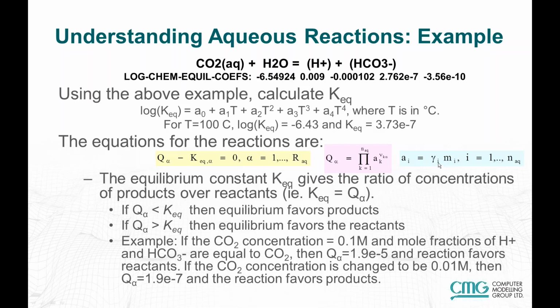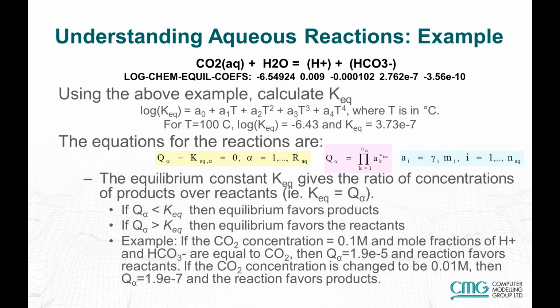The ideal case gamma is 1, so really it's just a as a function of m, which is molality or concentration. So essentially the K_eq, the equilibrium constant, gives the ratio of concentrations of products over reactants. And essentially K_eq equals Q from this equation here. So if Q is less than K_eq, then the equilibrium will favor the products. If Q is greater than K_eq, then equilibrium favors the reactants.